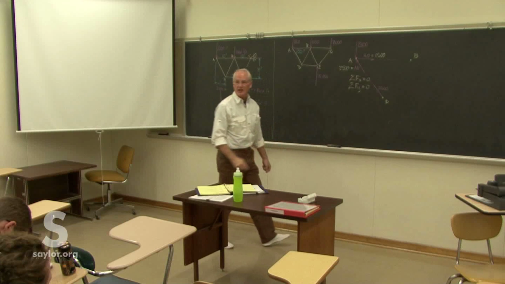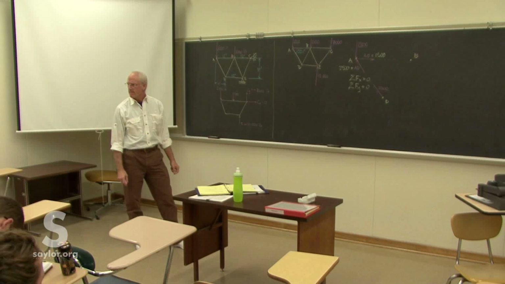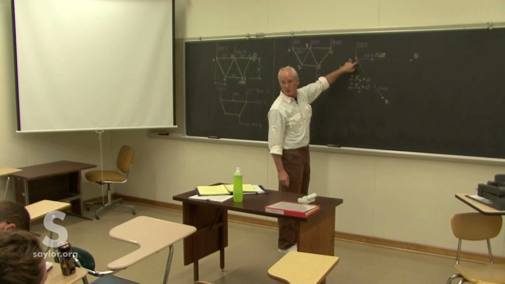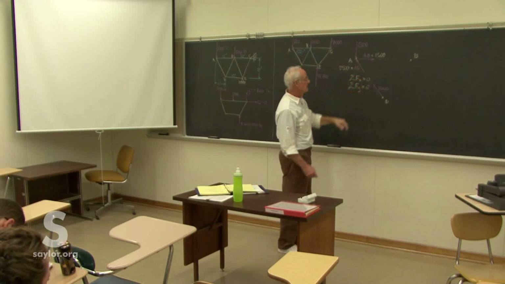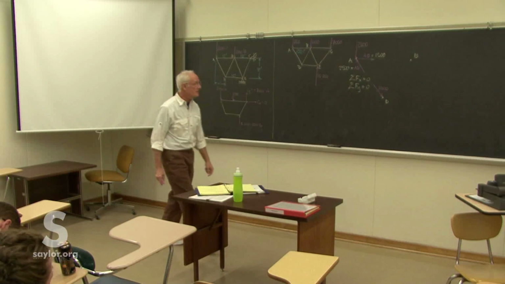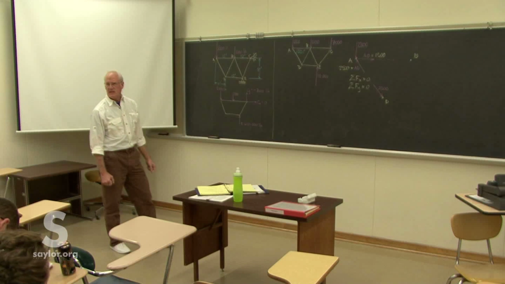Do I know the direction of it? It's equal and opposite to this one, because remember, these are the forces coming from the member that's connecting them, and that has equal and opposite forces. So we've got that.